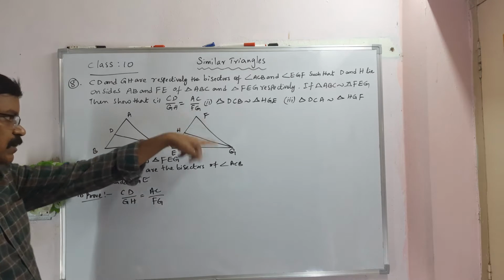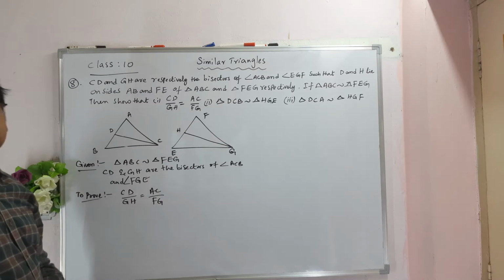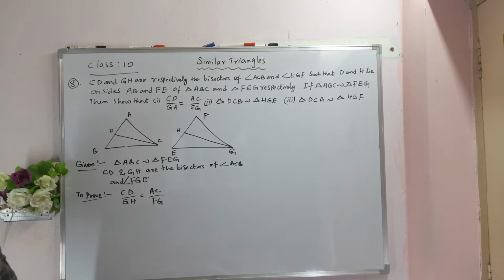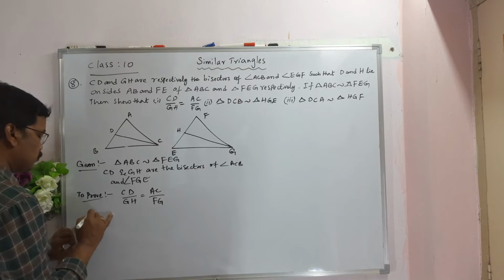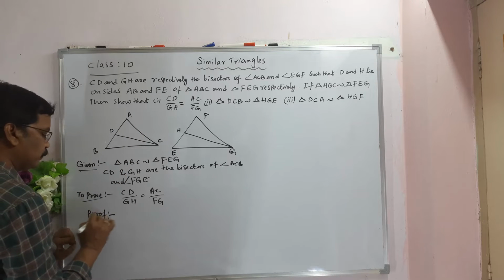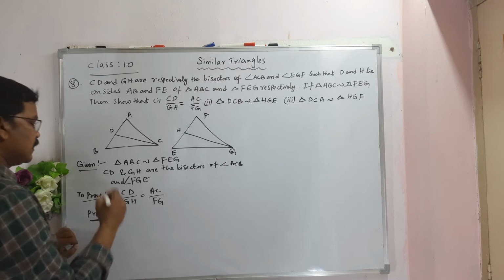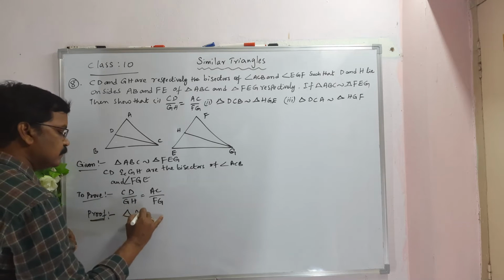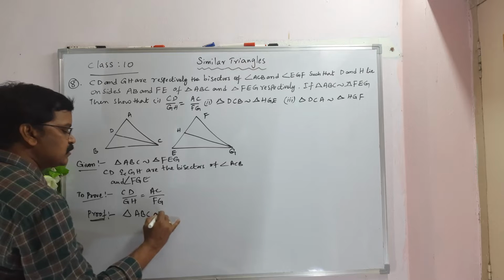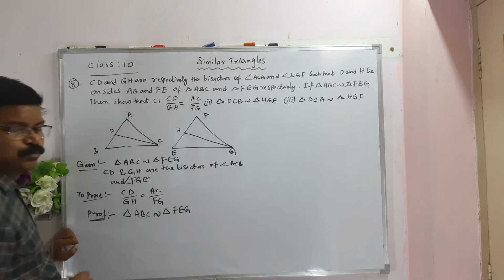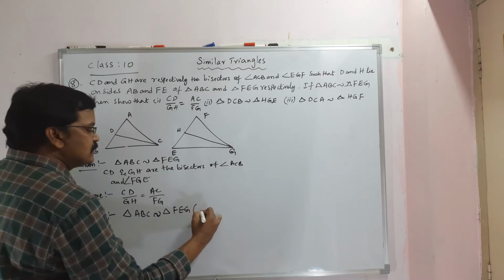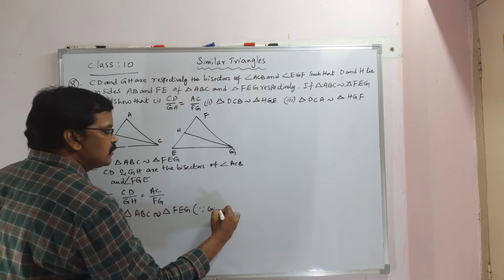Coming to the proof, triangle ABC is similar to triangle FEG. This is the first point, since it is given in the statement.